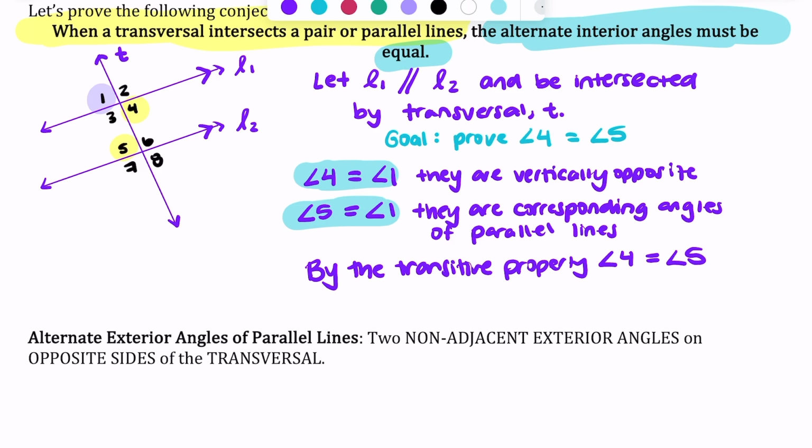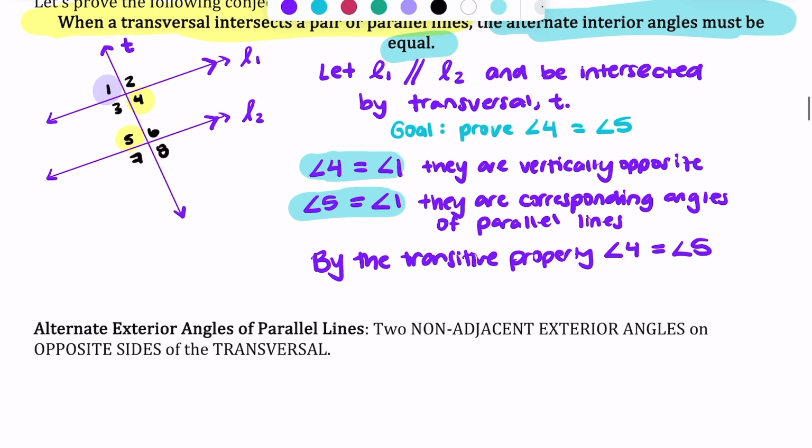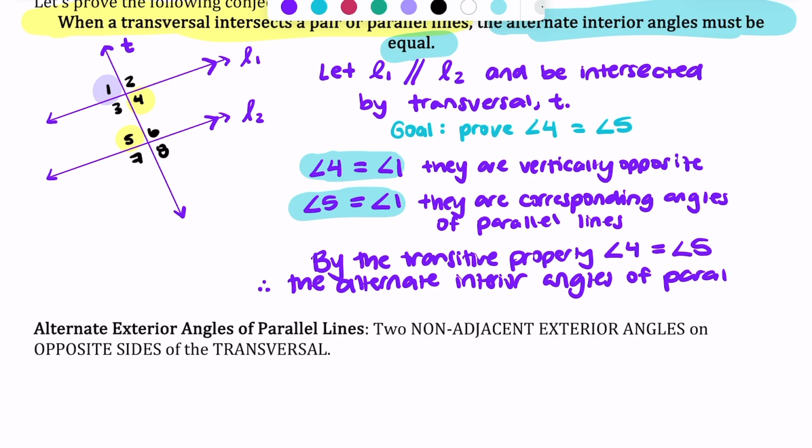I'm already indicating that I see some sort of relationship. I'm just going to end things off with, therefore, the alternate interior angles of parallel lines must be equal.